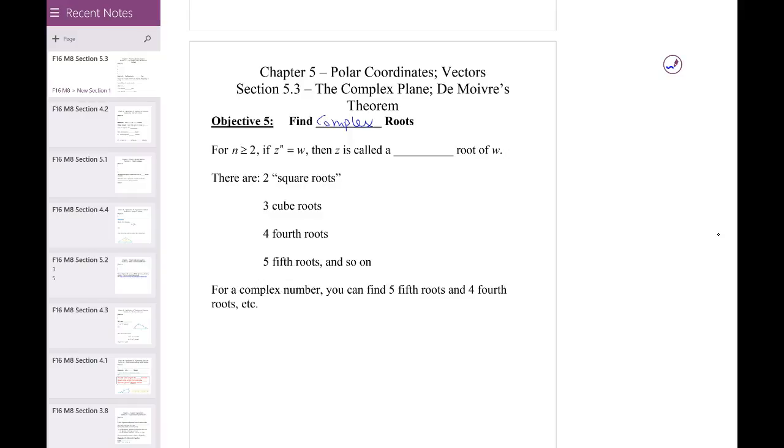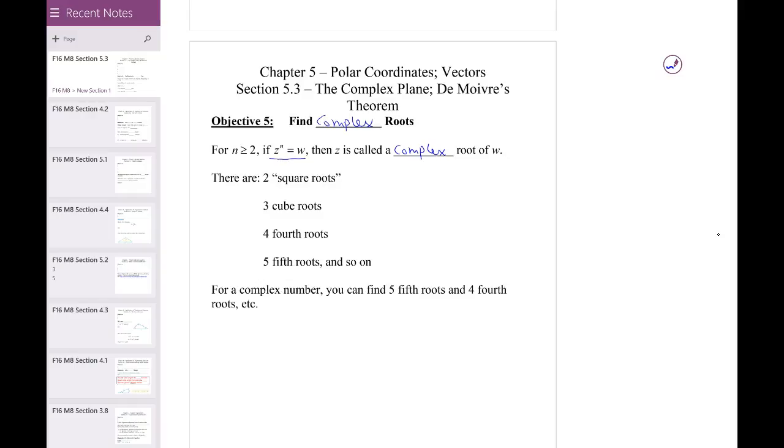If you have that z to the n is w, then z is called a complex root of w. So for every complex number, it has 2 square roots, 3 cube roots, 4 fourth roots, 5 fifth roots, and so on.